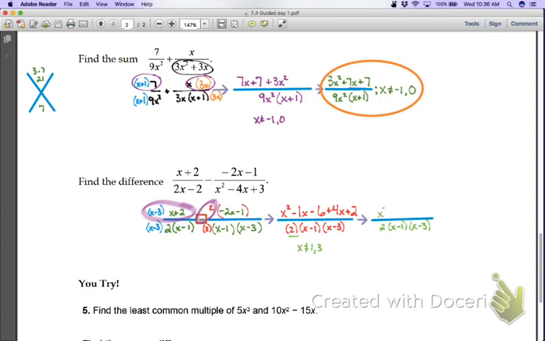Top side, I'm going to have x squared plus 3x minus 4. Now, can the top side here factor? Yes. So if it can factor, instead of rewriting everything, just write what it factors to above it.